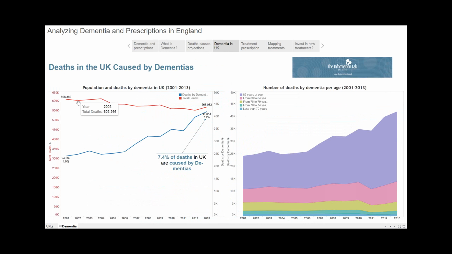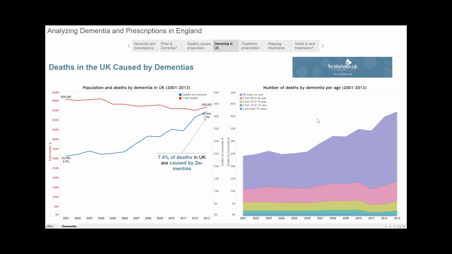The total deaths in the UK have been around 600,000, more or less, during the last 15 years, and the deaths caused by dementia passed from 24,000 in 2001 to 41,000 in 2013, and around 7.4% of deaths in the UK are caused by dementias.